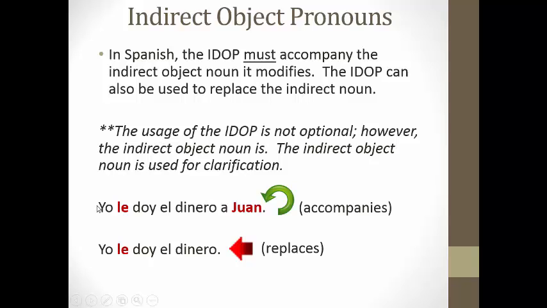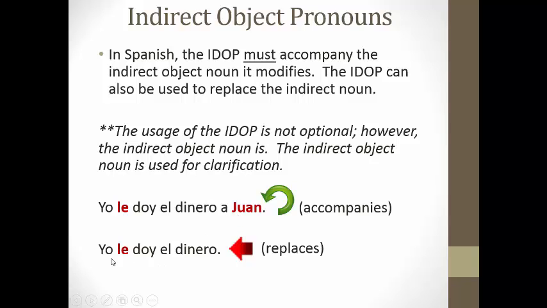I'm going to talk a little bit more about that here in these two sentences. Look at this first sentence. I give the money to John. Here, the indirect object noun, Juan, accompanies this sentence purely to clarify who I give the money to.